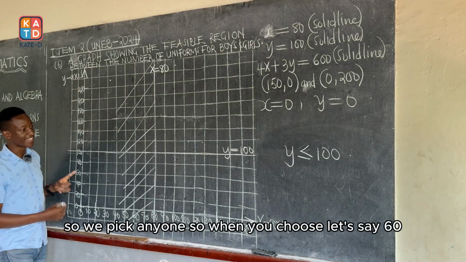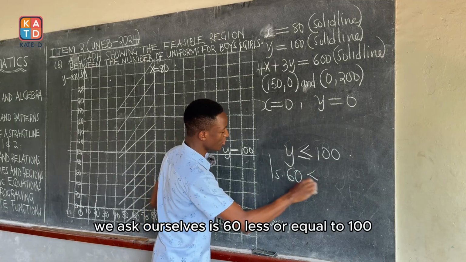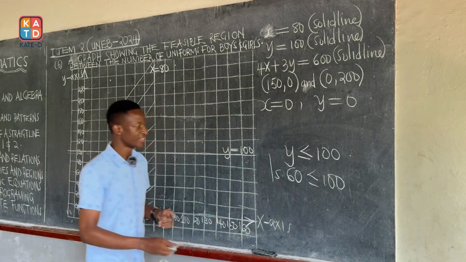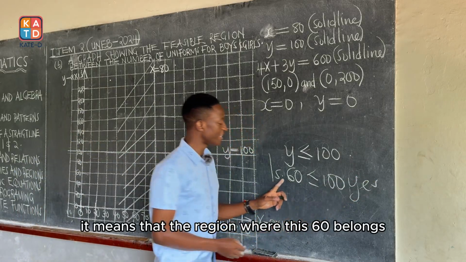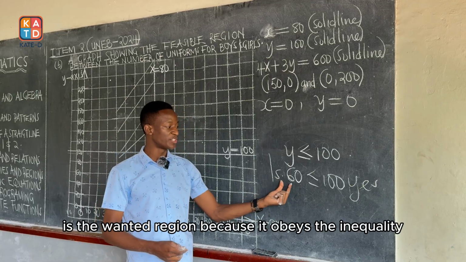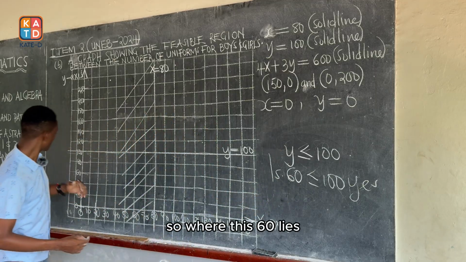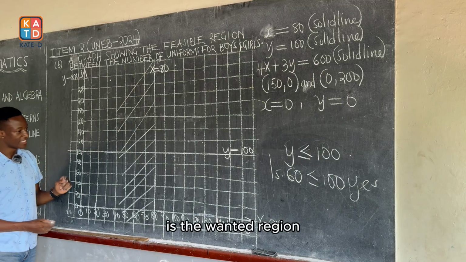Let's say 60, we ask ourselves, is 60 less than or equal to 100? And what will it be? A yes. It means that the region where this 60 belongs is the wanted region because it obeys the inequality.